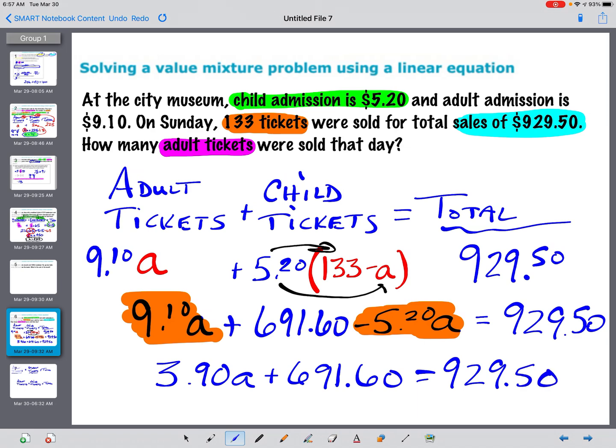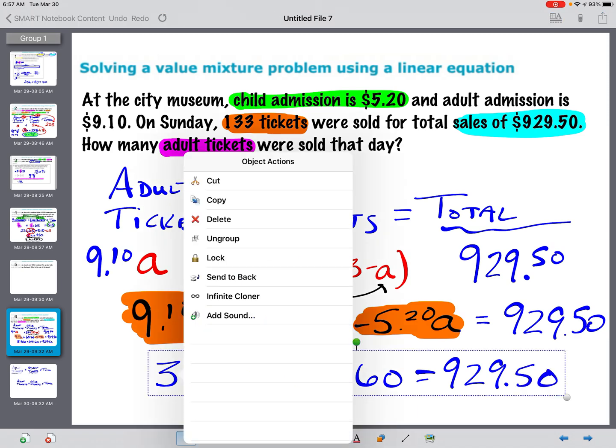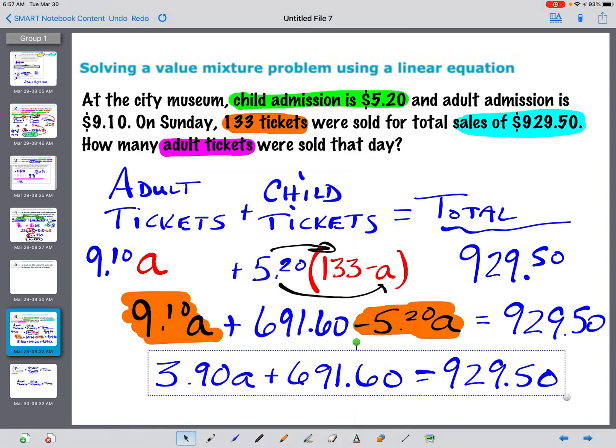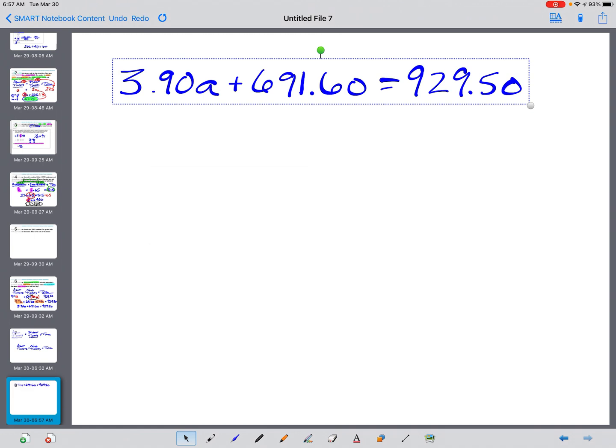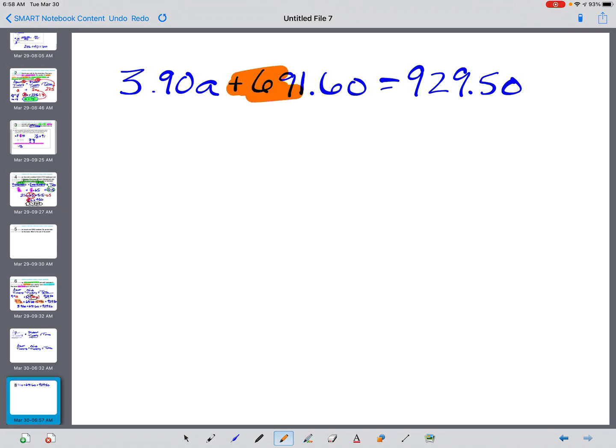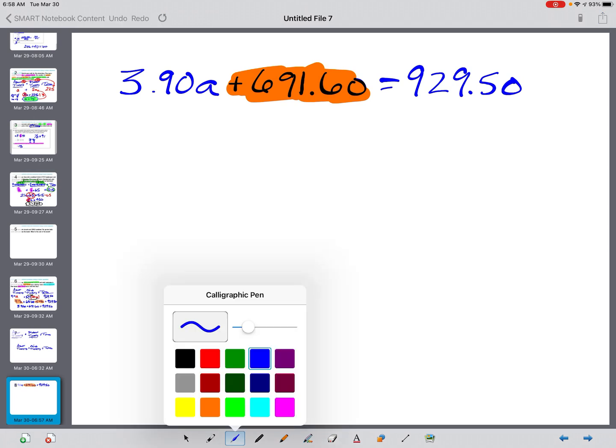And so we're down to just a two-step equation, okay? This is a good thing. Here's our two-step equation that we've simplified down to. So we'll just subtract the constant value of $691.60 from the other side.